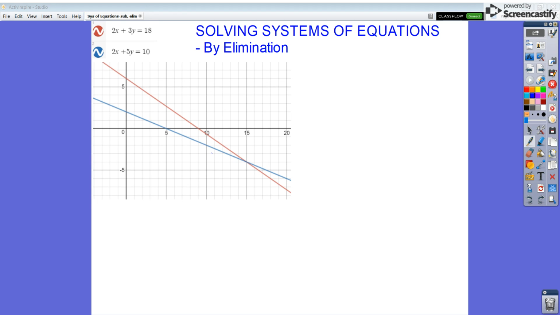We look at it and we see that 2x is the same in both of them. So since they're both positive, if we subtract one from the other, or when you subtract, you can multiply by negative 1 and then add.